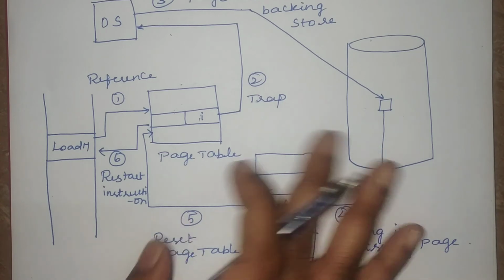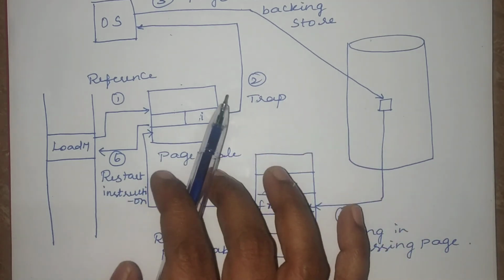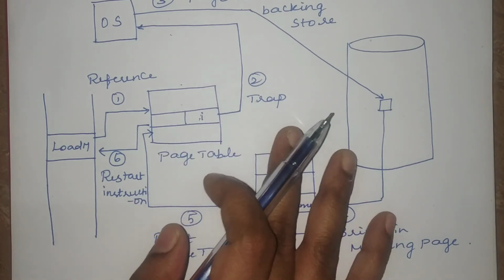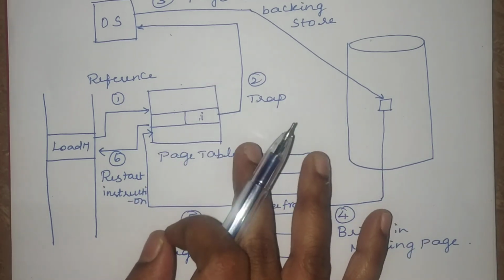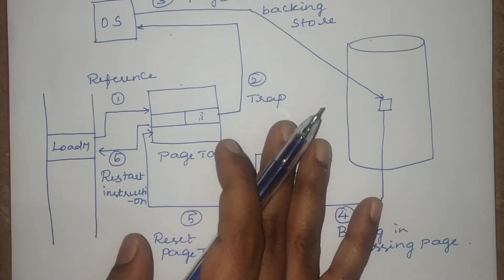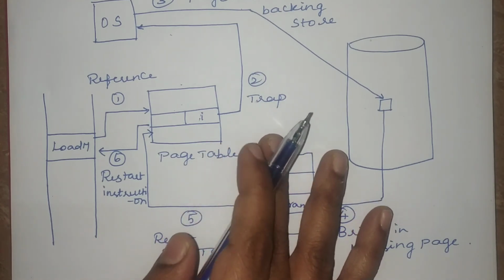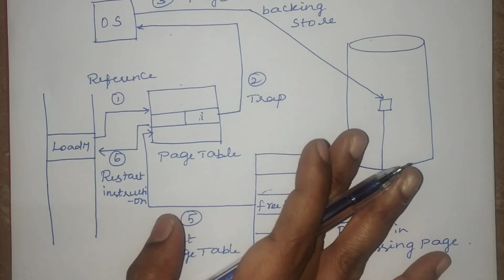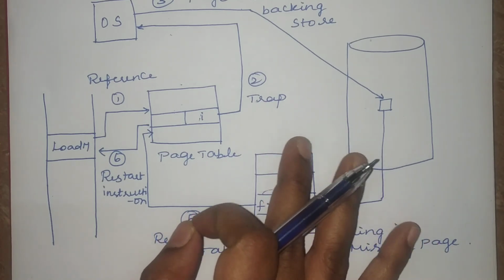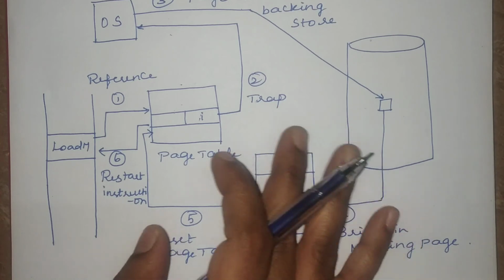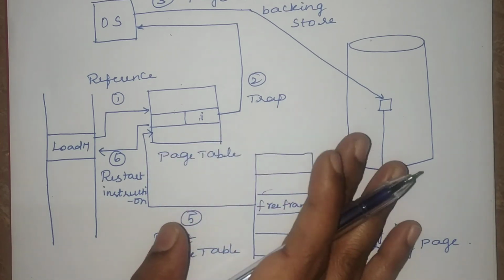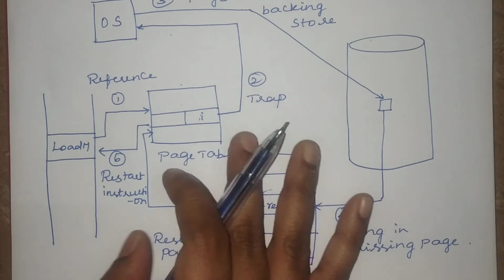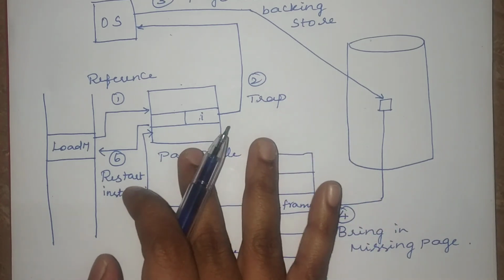All these steps will be done by the operating system, because we have implemented the concept of virtual memory. The user may not know whether space is available in physical memory or not, or whether the required page is available in physical memory or not. The user may not know any of these details, because the operating system will take care of these things, and it will produce the result according to the process given by the user.